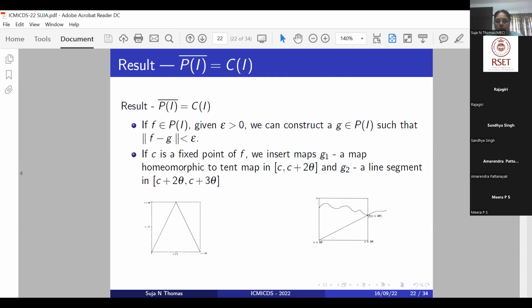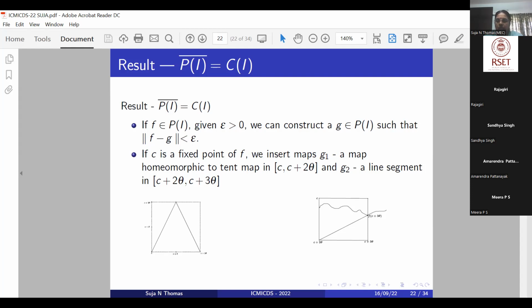Now, we can show that this set is dense in C(I). For that, we construct g in PR(I) corresponding to f such that the norm of f minus g is less than epsilon. The construction is in such a way that we insert a map at the fixed point, a map which is homeomorphic to a tent map, at c plus 2 theta, and then between c plus 2 theta and c plus 3 theta, we insert a line segment.